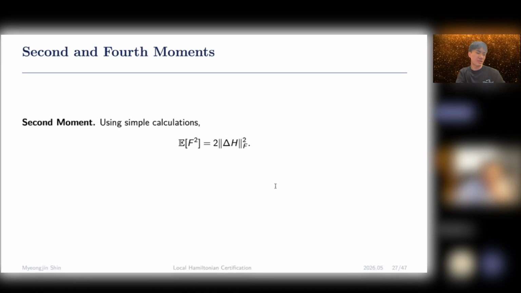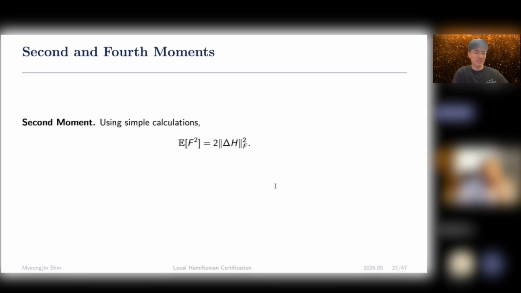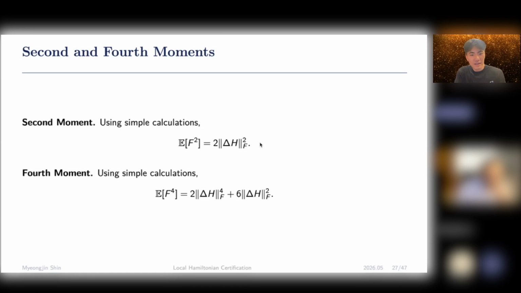By using simple calculations, remember that f is the difference of the eigenvalues, and just by squaring and averaging, we get this result: 2 times the Frobenius norm of the matrix, squared. And the fourth moment, using some simple calculations, we can get this.